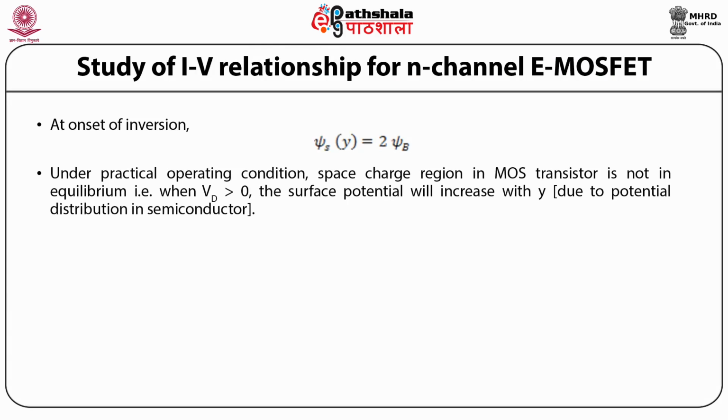So under practical operating conditions, the space charge region in the MOS transistor is not in equilibrium. That is when Vd is greater than 0. So the surface potential will increase with y due to the potential distribution in the semiconductor.